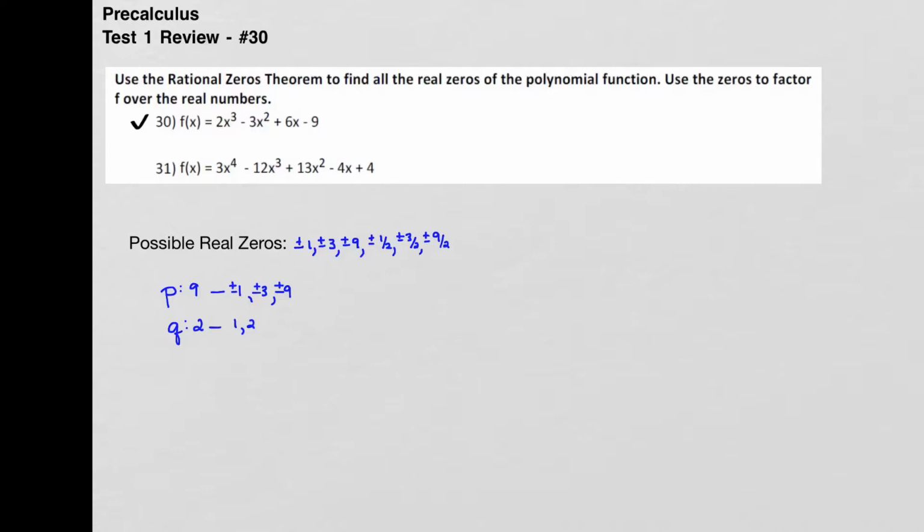Now, I'm going to use my graphing calculator to help me test these because I've got 12 different values here. I really don't want to type this over and over and over again. That's pretty annoying, and you paid a lot of money for the graphing calculator. It's supposed to be working for you. So, here's what we're going to do.